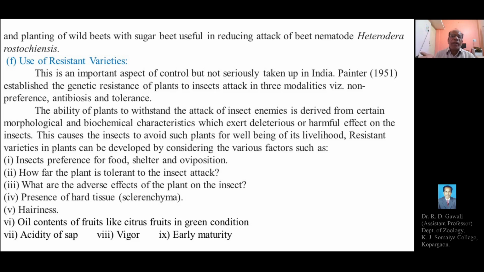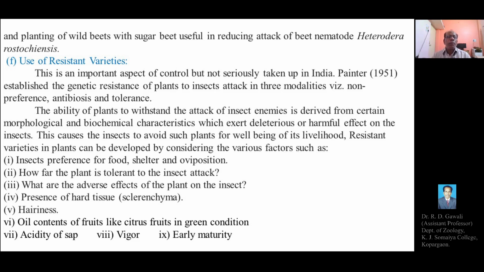The ability of plants to withstand the attack of insect enemies is derived from certain morphological and biochemical characteristics which exert a deleterious or harmful effect on the insects. These are some of the important features of the crop plants, morphological or biochemical, which produce a harmful effect on the insect pest, and this causes the insect pest to avoid such plants for the well-being of its livelihood.